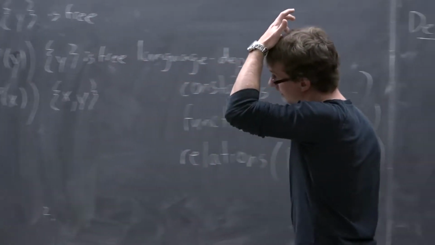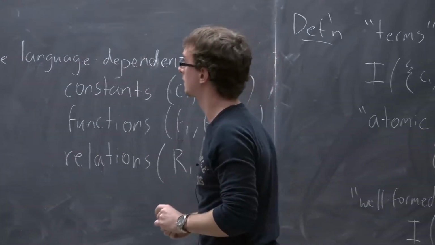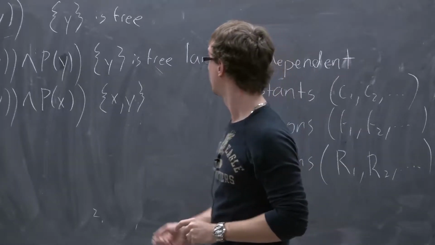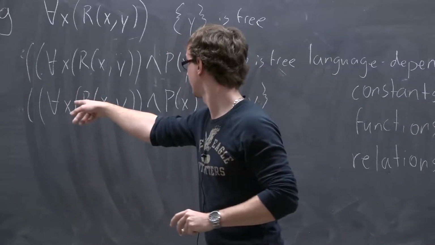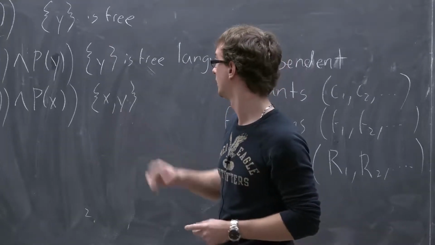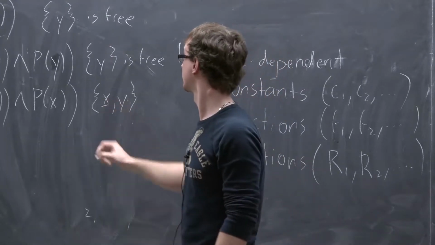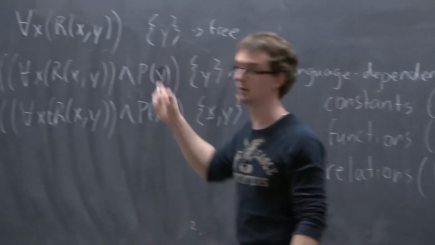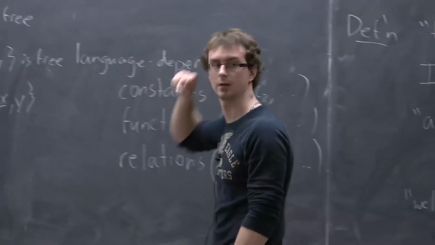So it's kind of important to note because even though it appears in the scope of this quantifier, there's another place it appears that it's not in the scope of quantifier. So x is free in addition to y still being free. Is that okay?